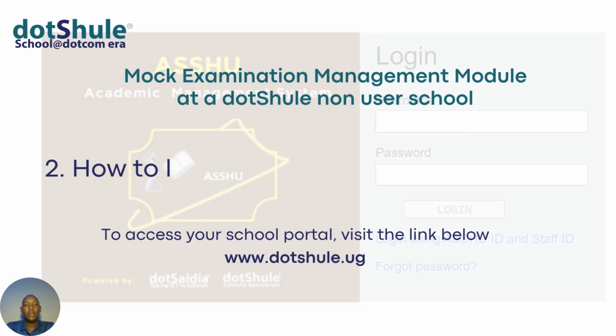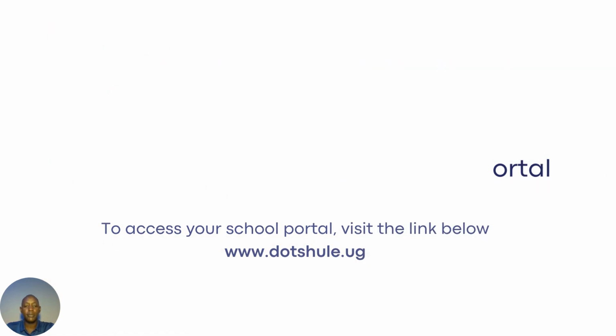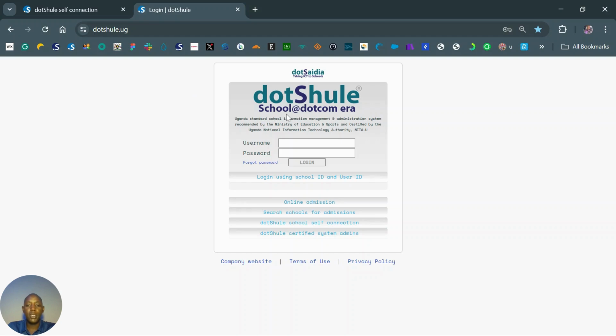Having connected our school successfully, the next step is to demonstrate how we can access our dotShule mock portal for the school. From our browser, we are going to type dotshule.ug and we hit the enter button to access the login page for the system. Now, upon getting to the login page, you just click login using school ID and user ID.